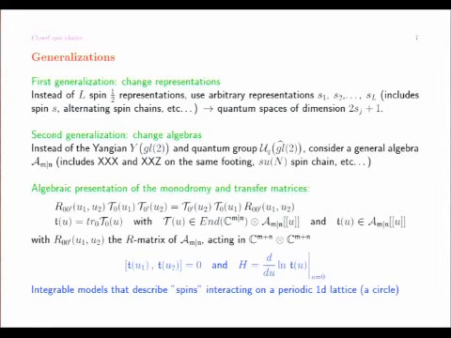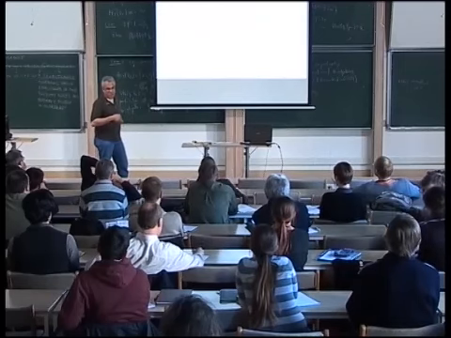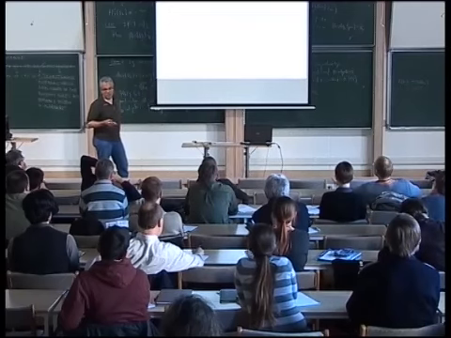What do you choose for the Hamiltonian? The Hamiltonian is always the same. Since you always have this relation, you will always have commuting transfer matrices. So you have a set of Hamiltonians inside this transfer matrix, and you can take this one as a Hamiltonian. It will not be local anymore.